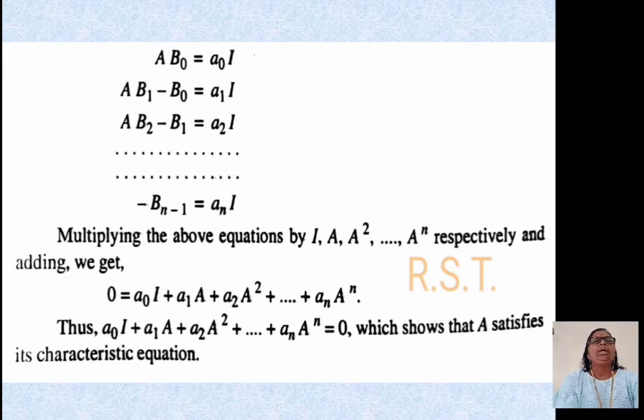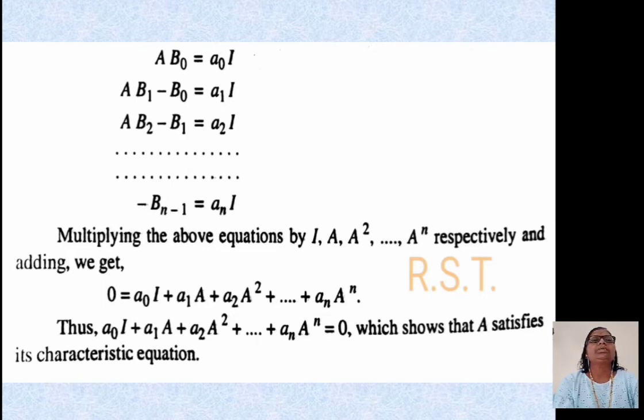Now multiplying the above equations by I, A, A square up to A raised to n respectively, and adding.